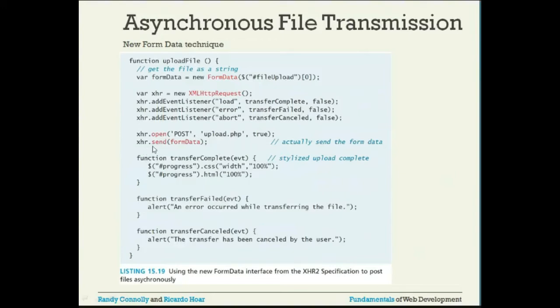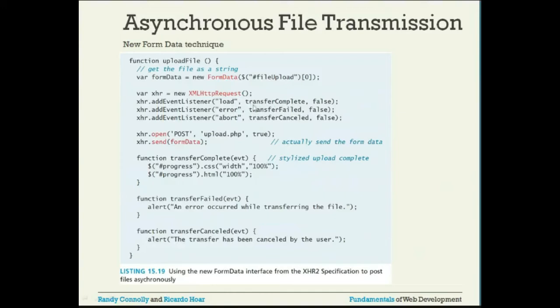Then the xhr.send method will actually send the form data you have created from the actual file, converted as form data, which is actually a string. That data will be sent, and it is going to listen to the events. If the upload is completed without any error, then the load event will be called.